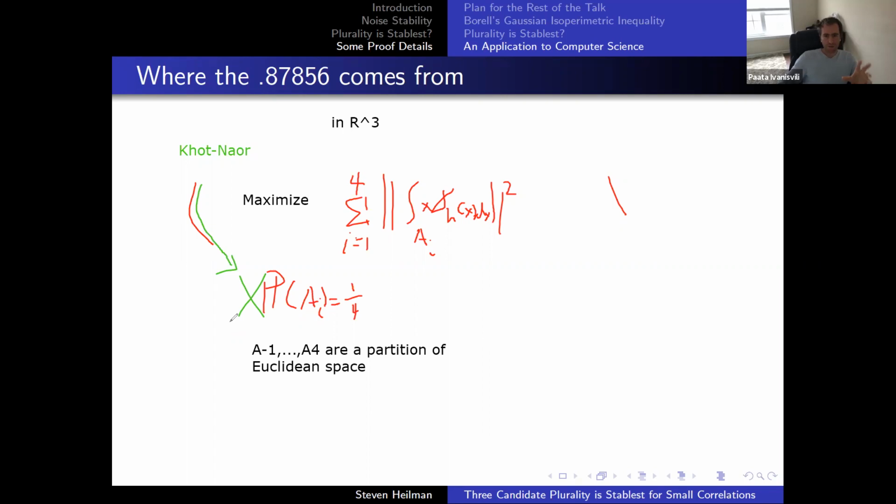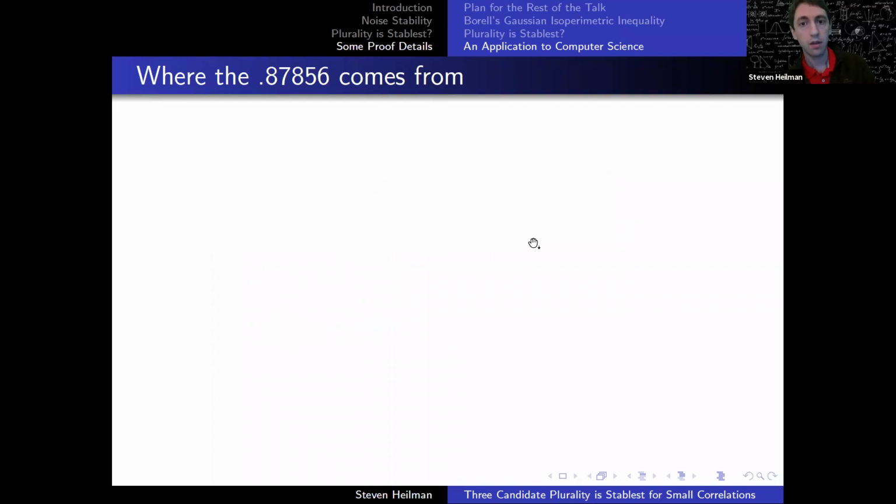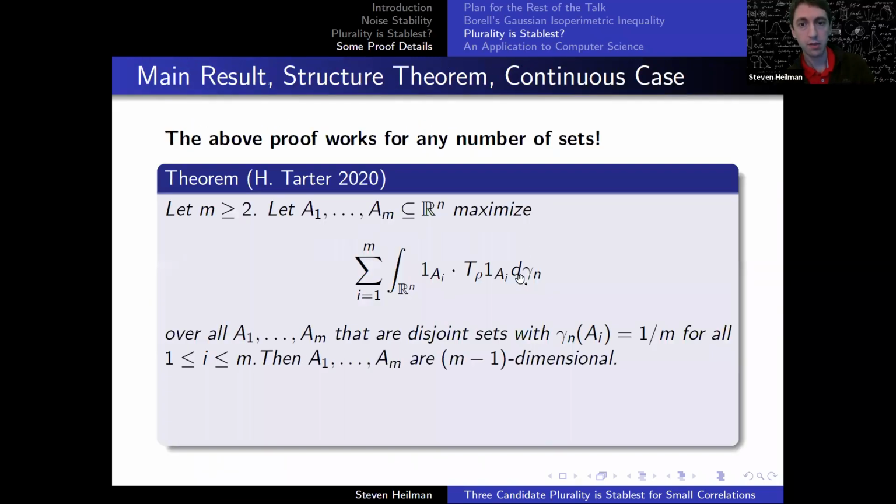Can I also ask one more quick question? Sure. When m is strictly greater than 2, what's the continuous version of this plurality stablest theorem? It's exactly the one that I had on the previous pages.